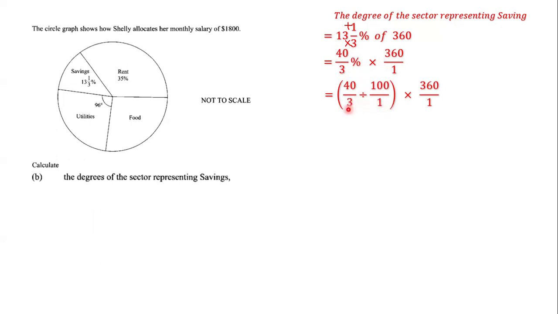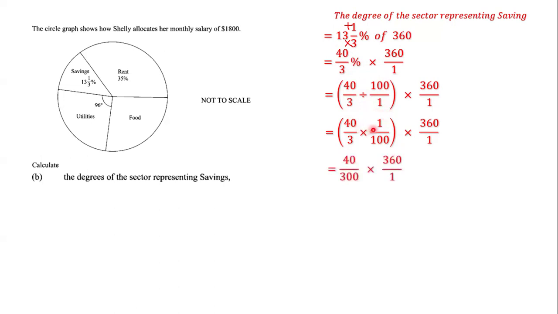You keep the first one, you switch the sign from division to multiplication, and you flip the second fraction, so you put 1 on top and 100 at the bottom. So KSF: keep, switch, flip. Now we have 40 multiplied by 1.